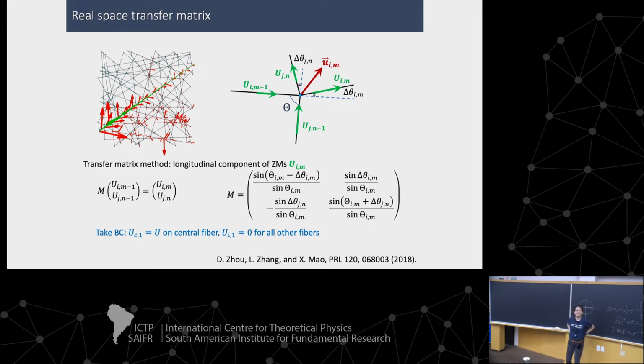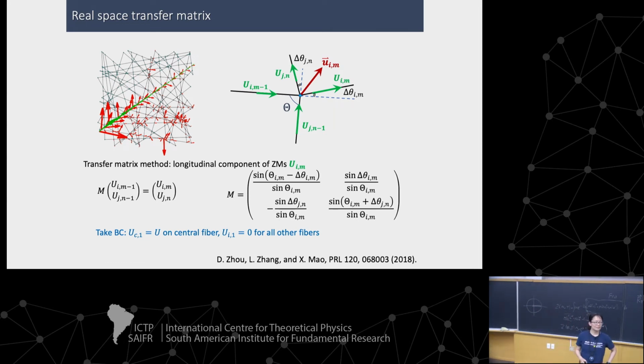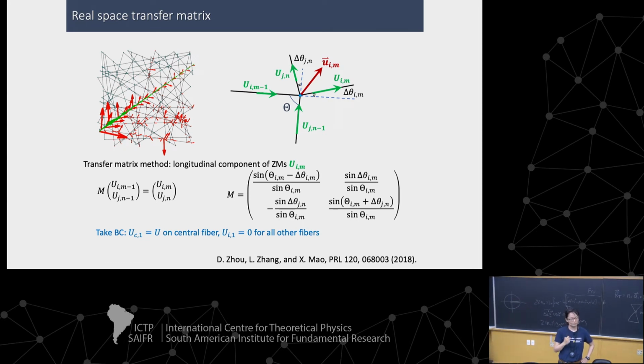Okay. Oh, there's another question. If I have a perfect regular lattice, and then I start to disorder, the transition between the disorder and the regular lattice is a continuous transition, or is there an abrupt one?